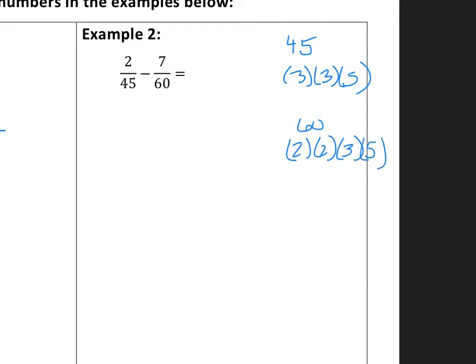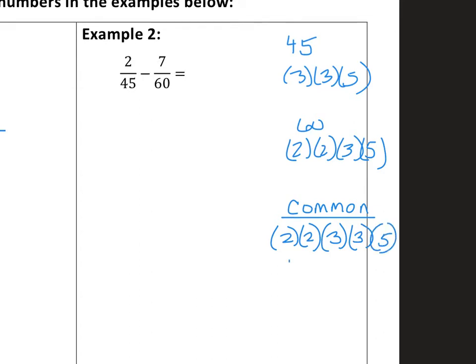And so for our common denominator, we need the parts of both numbers. So I have the two 2s and two 3s and a 5. And as we found, the product of those numbers is 180. We found that in the previous video.